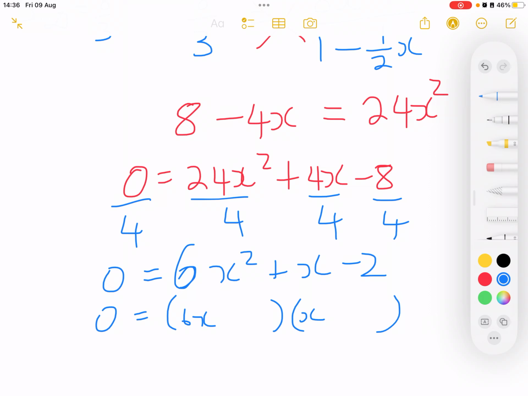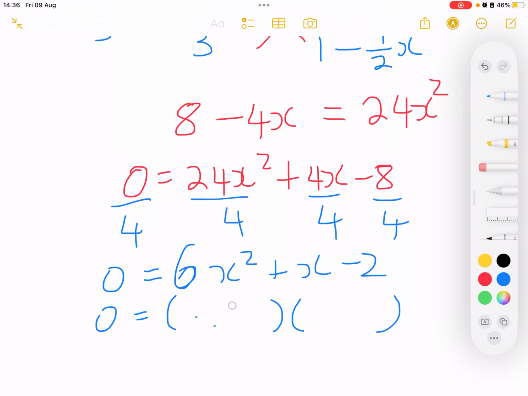So if we check the factors, no, we can put 6x and x. It will not give us a total, so sorry about that.